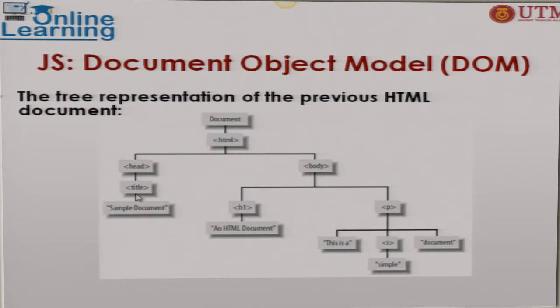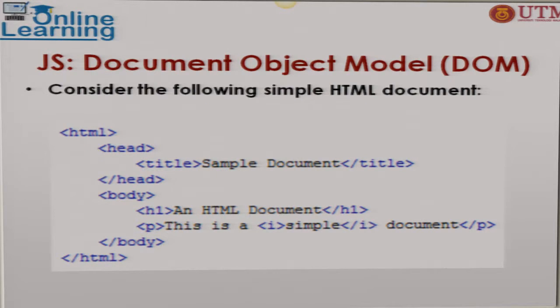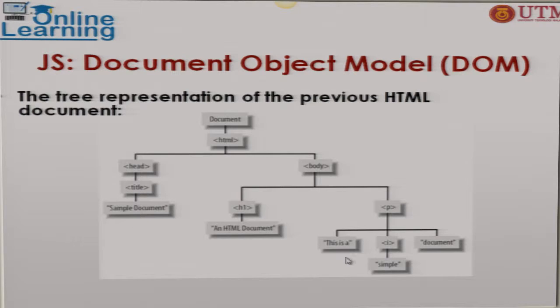That's why you include it below the head. The next one you can see here is body. In the body, you can see H1 text and also P text. It will divide into H1 and P, and then the whole document under each text.